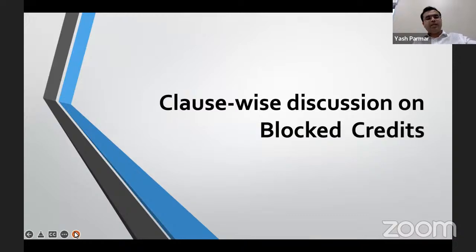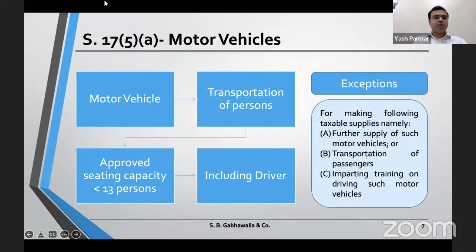Now with this background, we'll analyze each of the clauses of section 17(5). The first one being clause A, which is in relation to motor vehicles. Now what this particular clause says is that ITC in relation to motor vehicle, if it is used for transportation of persons and if approved sitting capacity of the vehicle is less than 13 persons, including driver, then ITC is blocked.